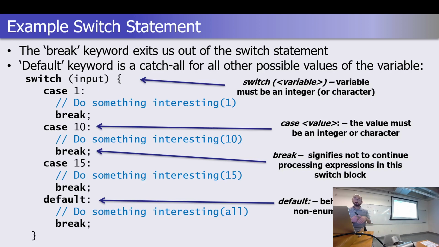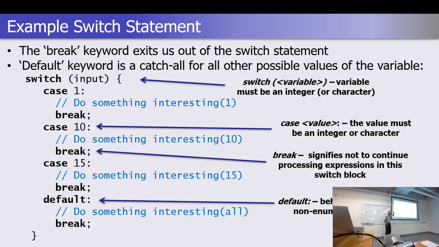So in general, we use our switch statement when we have an integer variable, and there's, say, a dozen different things we want to do based on the value of that variable, just for a round number there. We would have 12 case statements in that circumstance. And then for all other values of that variable, we may want to do something else, or we may want to catch an assumption that maybe was wrong, that, hey, I wrote this code, and I know the value of input is always going to be 1, 10, or 15.